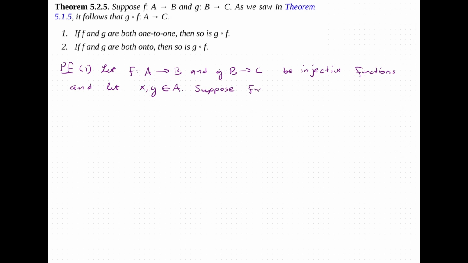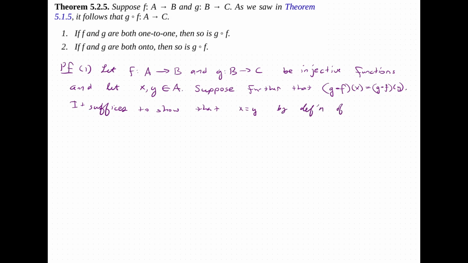So let's suppose further that g compose f of x is equal to g compose f of y. It suffices to show that x is equal to y by definition of one-to-one.